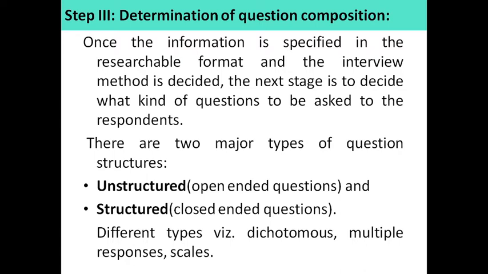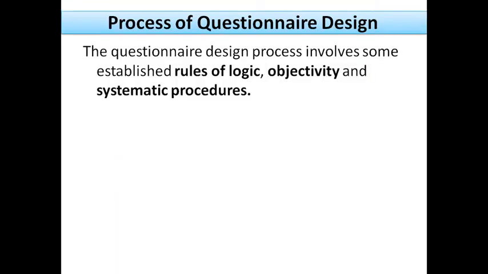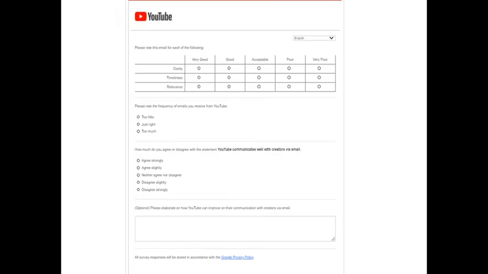Then scales. Here I am going back to the questionnaire that I have shown you earlier. So here there is an example of a scale. See the first question: please rate the email for each of the following. This question asks about the email that I have received from YouTube.